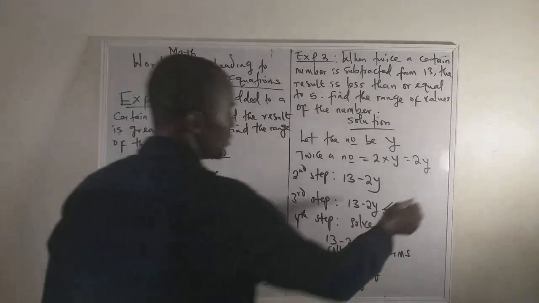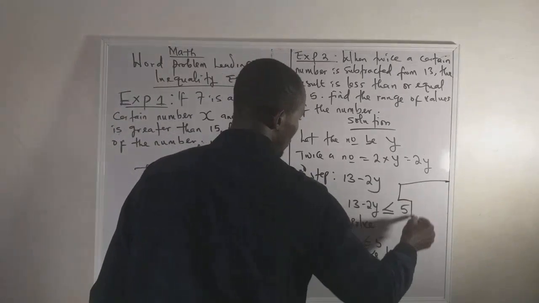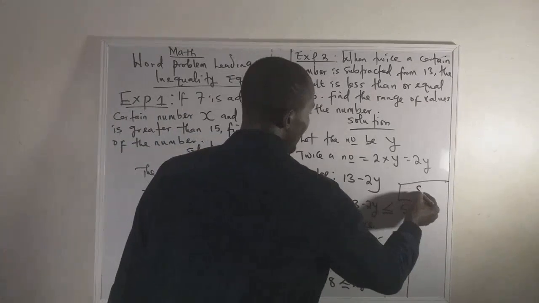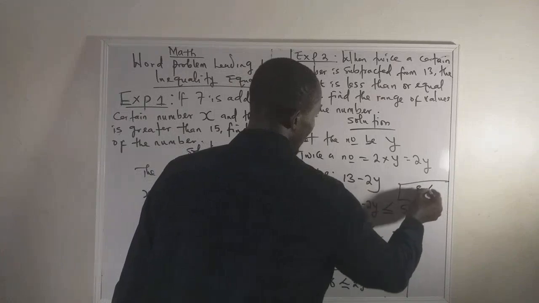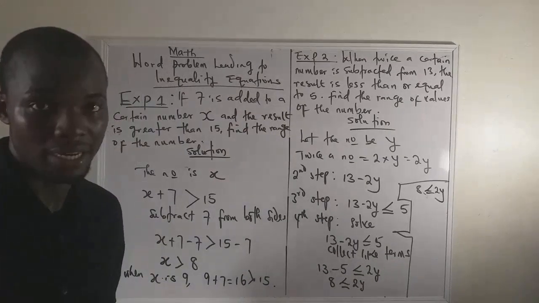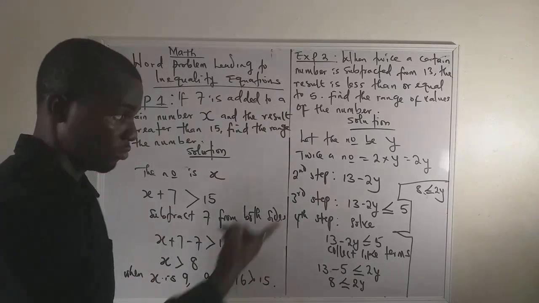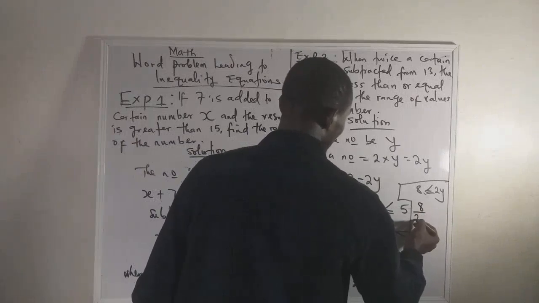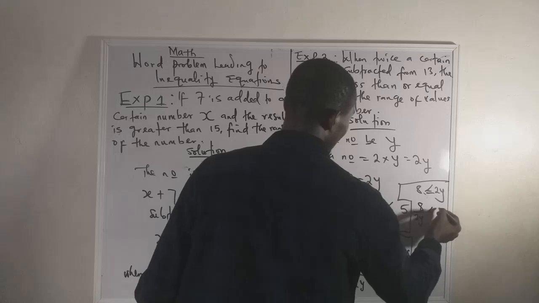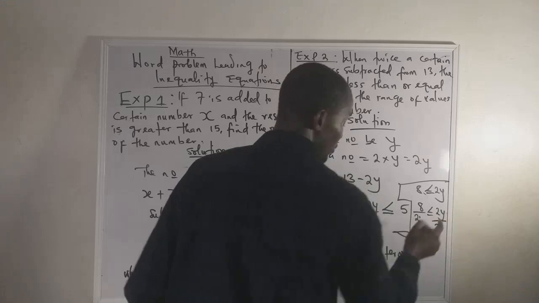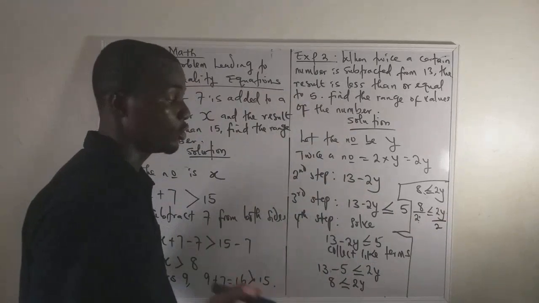So we could conclude our work here. If we have 8 less than or equal to 2y, we can divide both sides by 2 to eliminate this coefficient, which is the coefficient of the unknown.